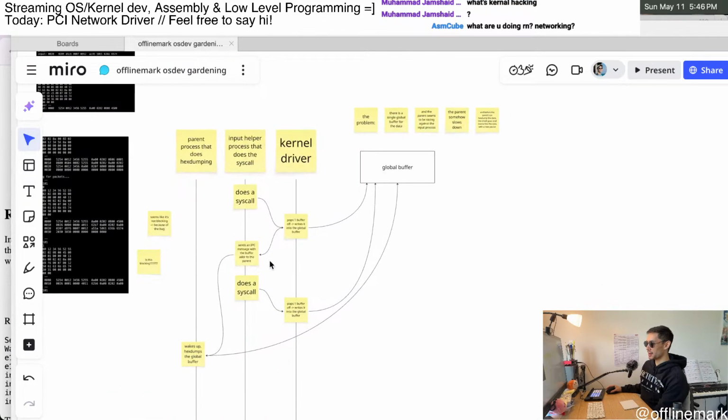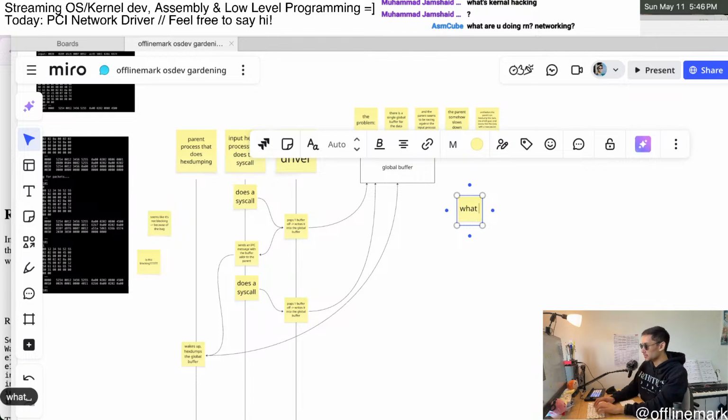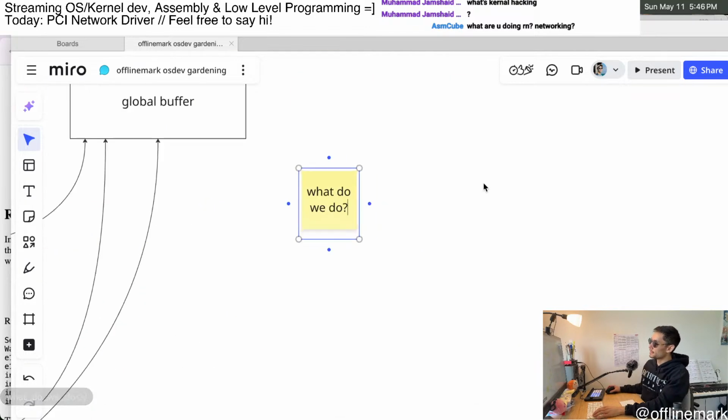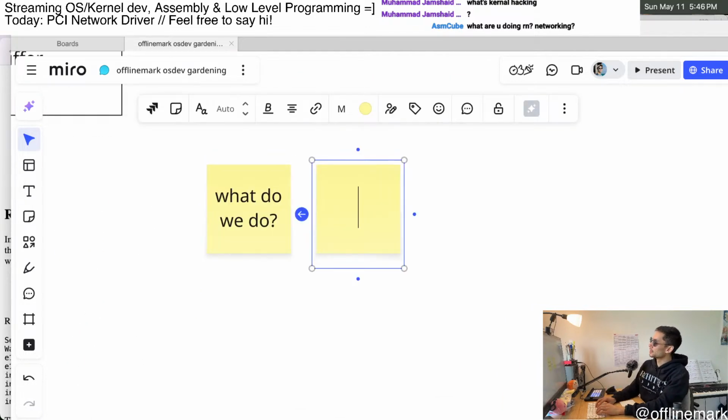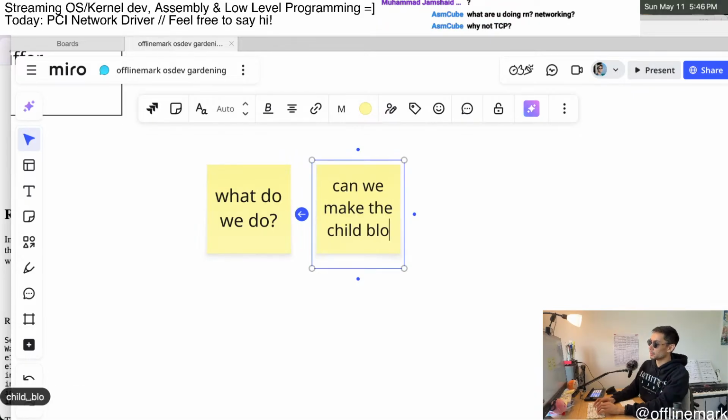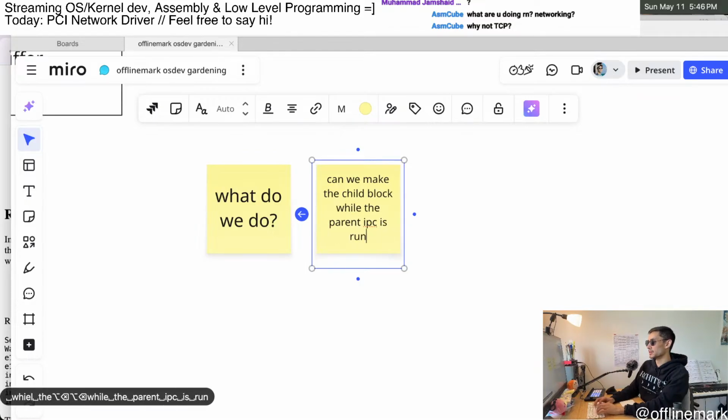So yeah, we have this problem where the input helper process, the child, can race. It seems like it's racing against the parent. So what do we do? Can we make the child block while the parent IPC is running?